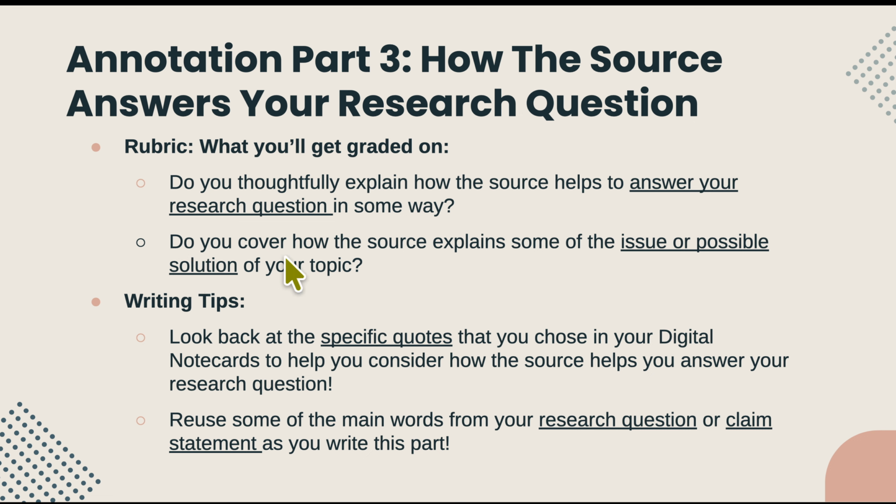And do you cover how the source explains some of the issue or the possible solution of your topic? So we know that each source can't fully answer your research question or give you every bit of information. So you're just kind of touching on, well, how did this give me part of my answer or give me part of my understanding about what needs to happen for this issue?